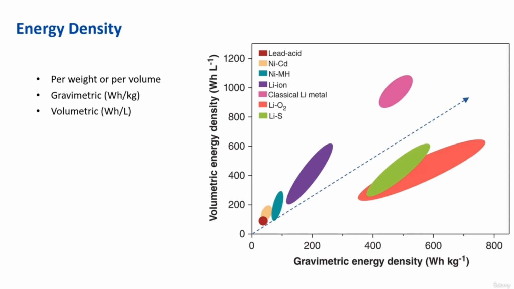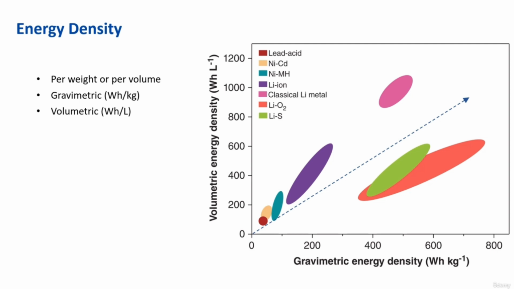The energy density per volume is called volumetric energy density. To obtain the volumetric energy density, we divide the energy by the volume of the battery, typically in liters. The gravimetric energy density is most relevant for EVs, and the volumetric energy density for portable electronics.